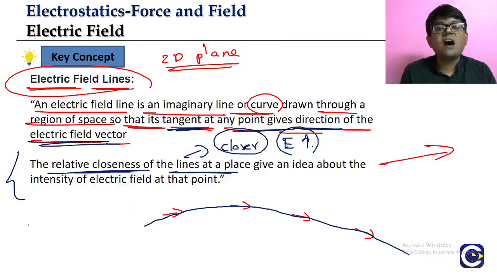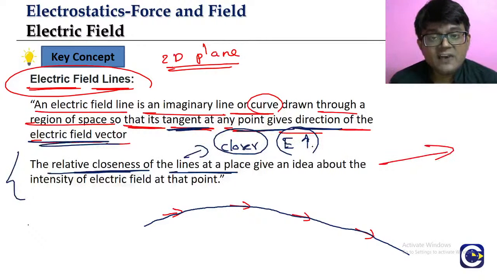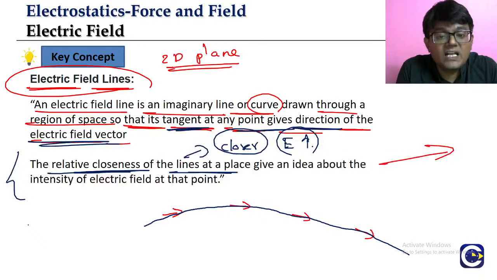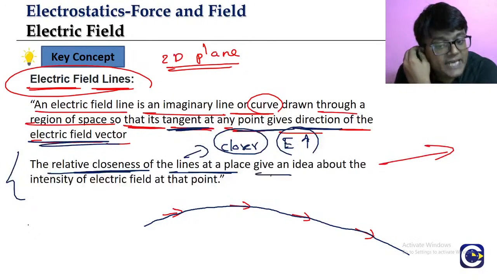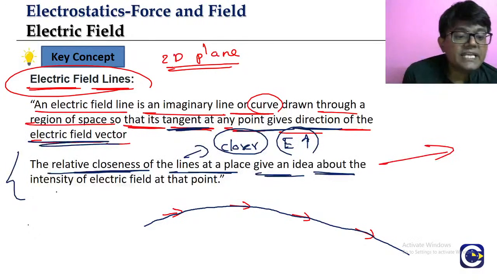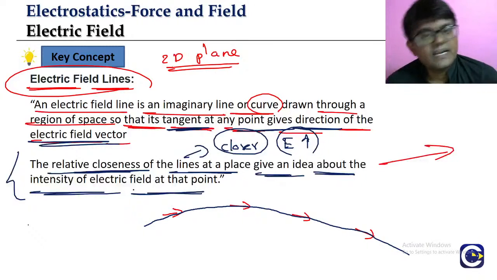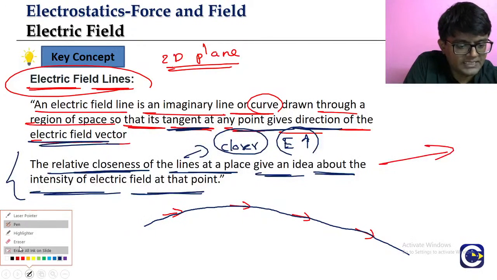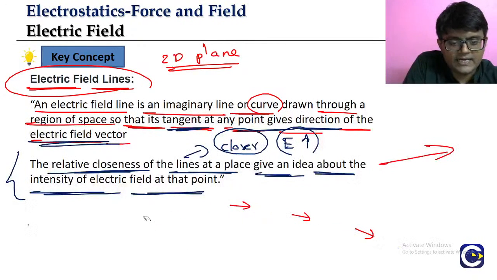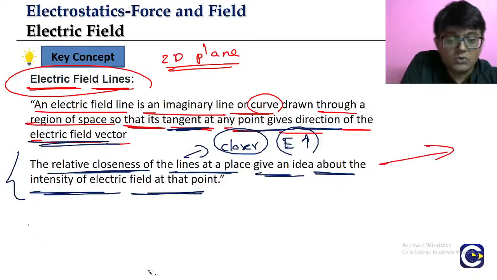When the lines are far apart, in that particular place the electric field strength is less. Okay? So the relative closeness of the lines at a place gives an idea about the intensity of the electric field at the point, the strength of the electric field. I'll show you the representation so that we can clearly understand what this relative closeness means.